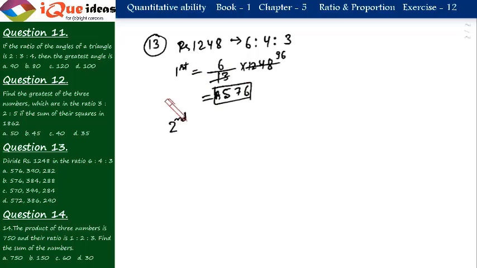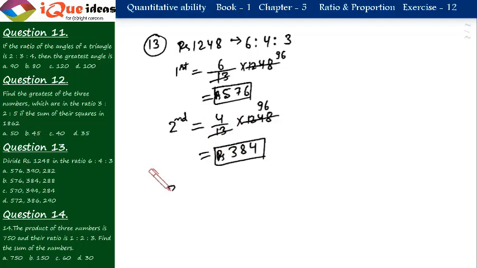Second one would be the same process, 4 by 13 into 1248. But the division you already know, 13 cancels 1248 96 times. So multiply 4 by 96. So it is 400 minus 16, that is 384 rupees. And the third one would be the remaining value, or you can calculate that as 3 by 13 into 1248. So 13 cancels 1248 96 times.